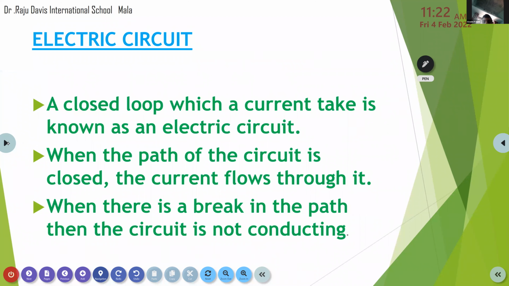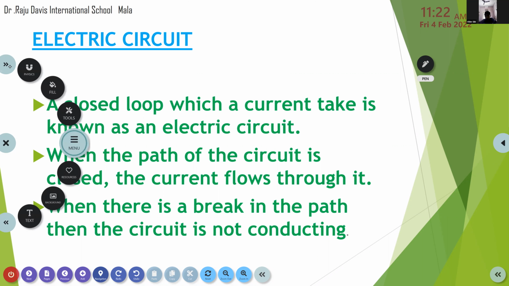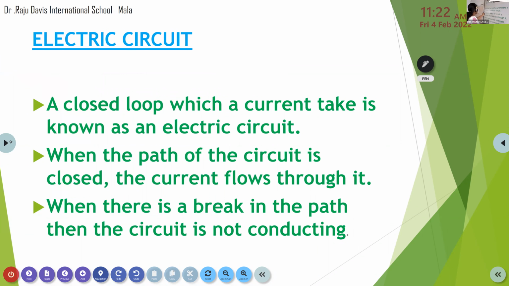So what is an electric circuit? It is a closed loop which a current takes, known as an electric circuit. If there is any opening, the current doesn't pass through it. When the path of the circuit is closed, the current flows through it.